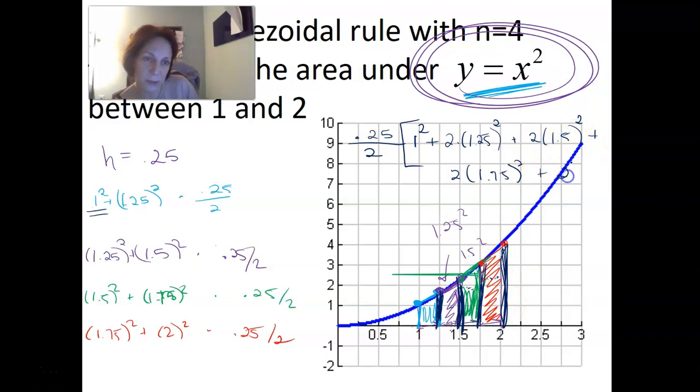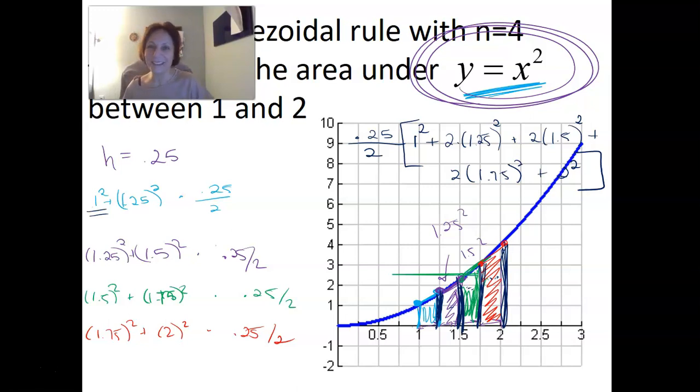So plus 2 squared. And we end it. Now it is worth noting that on the AP exam, that is an acceptable answer. Because they don't make you simplify. So if you were on an open-ended and they asked you to do this problem, you could write that right there and circle it.